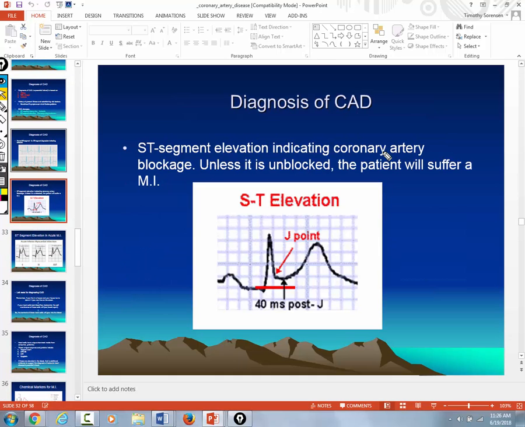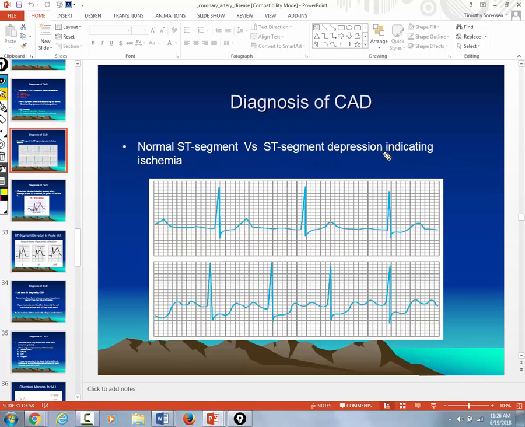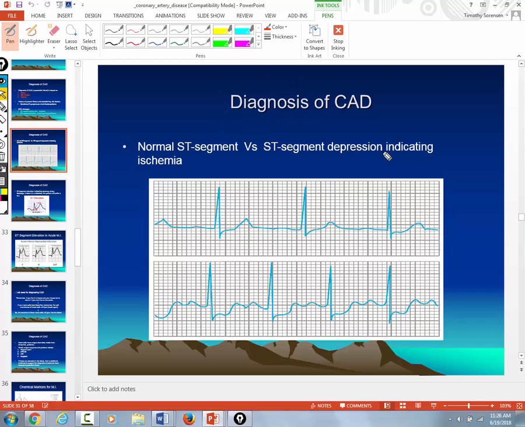Watch. Remember I showed you? Here's the baseline. You got me? The ST segment should be at its baseline. So this is the ST segment, and here's the baseline. So it's at the baseline. In people who lack blood flow to their heart, they're ischemic.